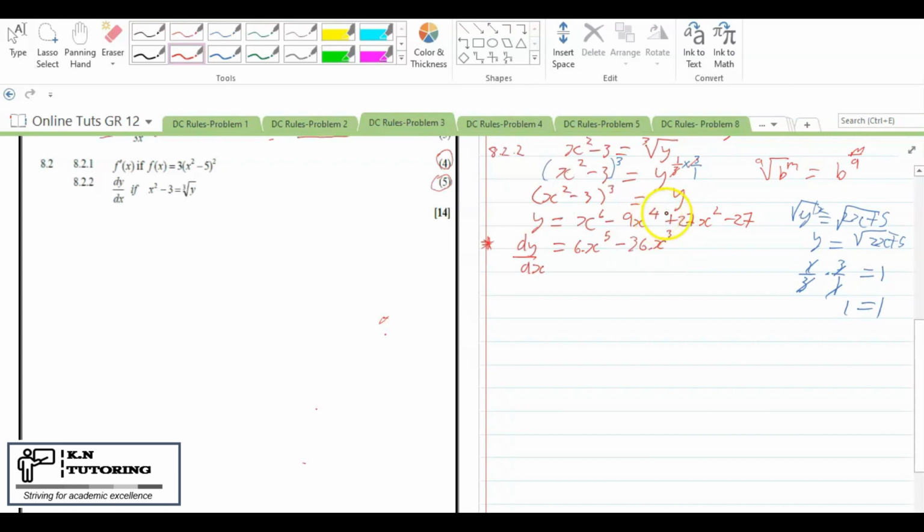Remember the 3 comes from 4 minus 1, plus 27 times 2, which is 54, multiplied by x. Remember, it's 1 because 2 minus 1 is 1. And then the derivative of the constant is 0. And that will be the answer for this question.